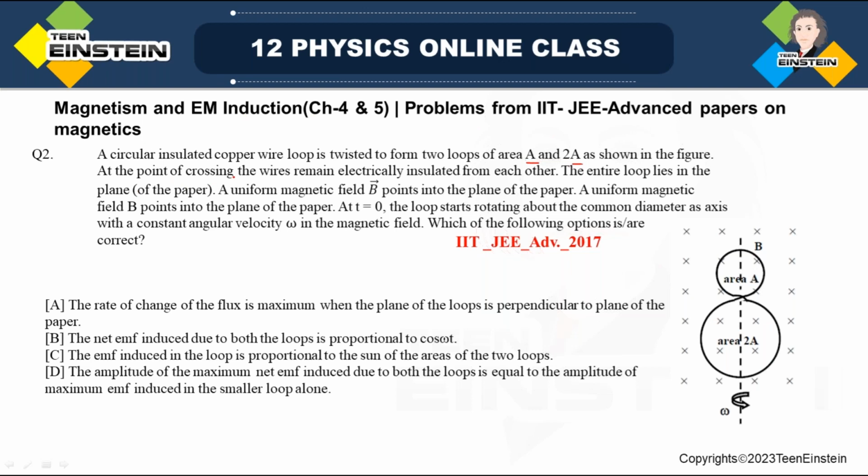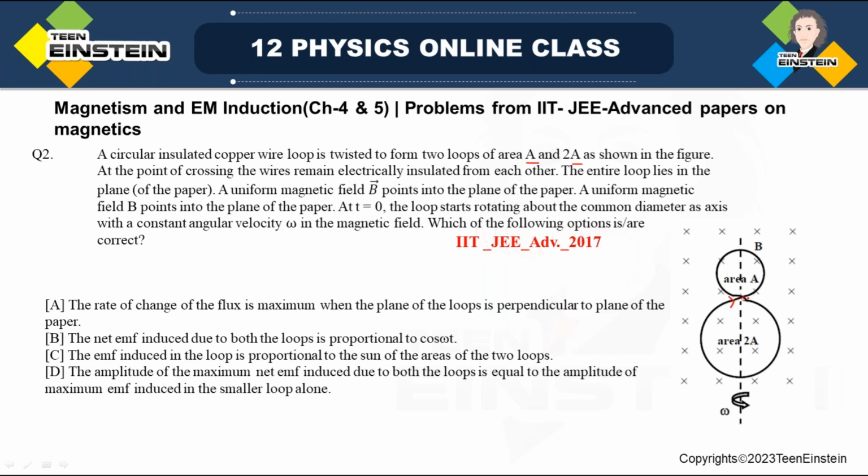At the point of crossing, the wires remain electrically insulated from each other. So at this point, the direction of electric current will be such that, suppose the current is in this direction, and in this one it is in the opposite direction.